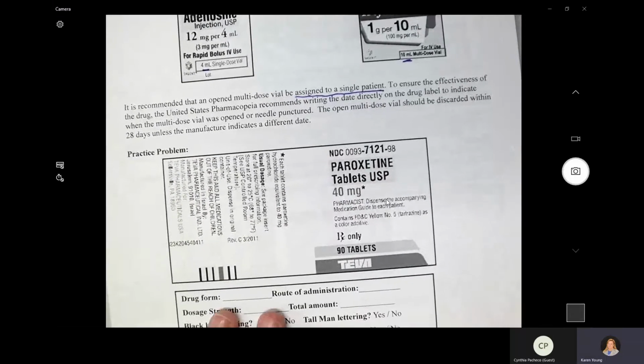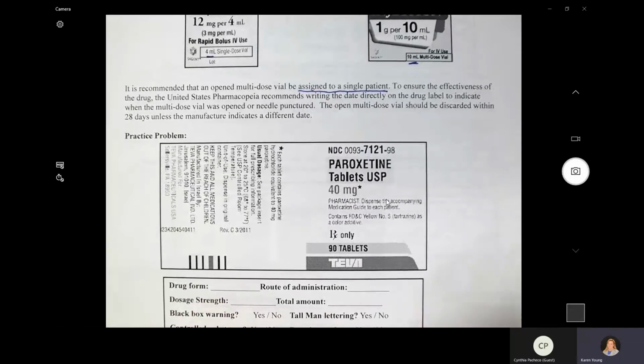Some nursing homes, especially with people that are there a long time and with insulin, will sometimes take one vial and give it to several different patients if they're taking the same kind, because they're all going to use it. I mean, they're there permanently.